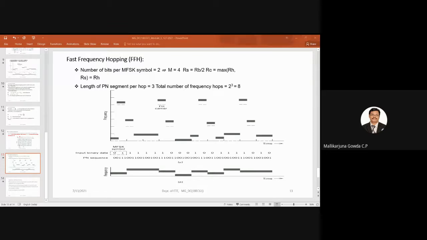The sequence. You should practice this, then only the picture will be clear.